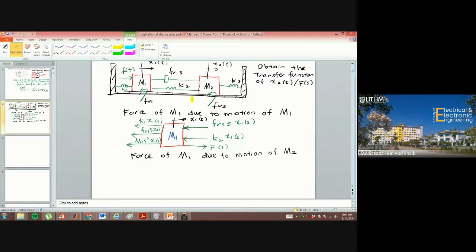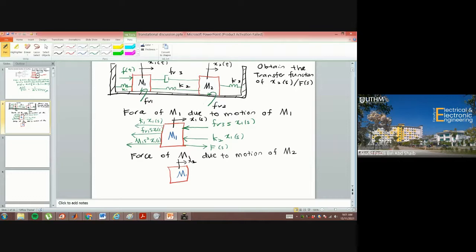So we need to draw the M1, still M1, but due to the motion of M2. Okay, this is S2.